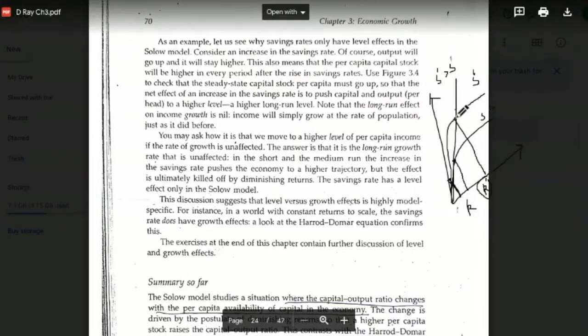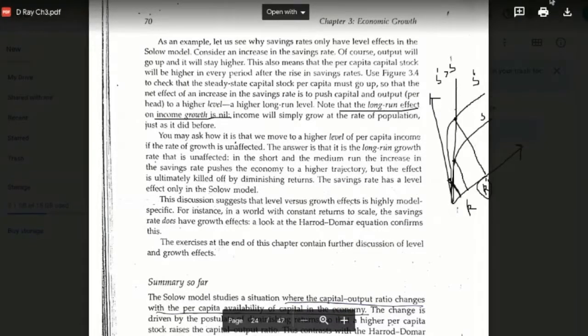Once it reaches point K prime, then we don't expect any change in the growth rate of capital per capita or output per capita. So savings in this case is only able to induce a short run but not a long run growth. So the long run effect on income per capita in the Solow model is nil.